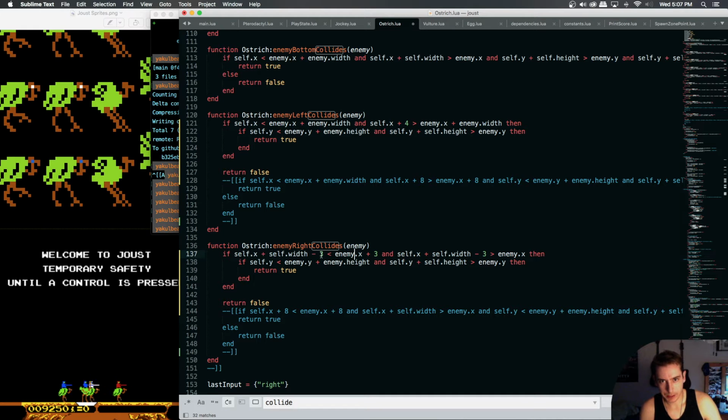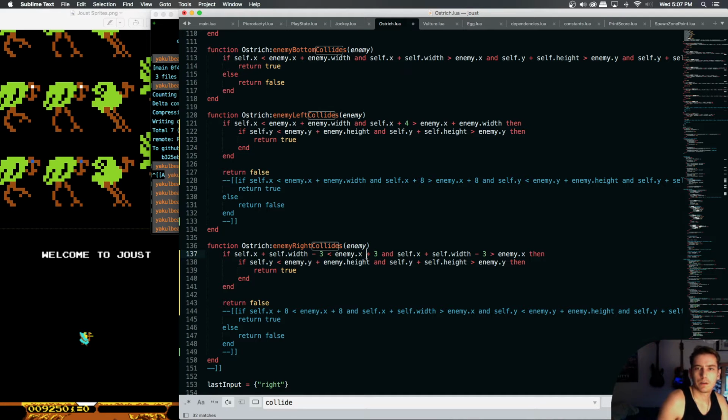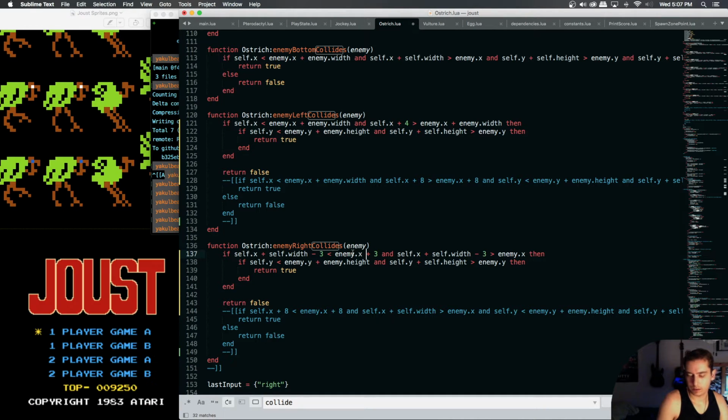See, what gets me is the -3 and the +3 here. Wouldn't those just cancel out each other? And then we're basically just asking if the right side of our ostrich is smaller than the leftmost side of the enemy, which is not right.